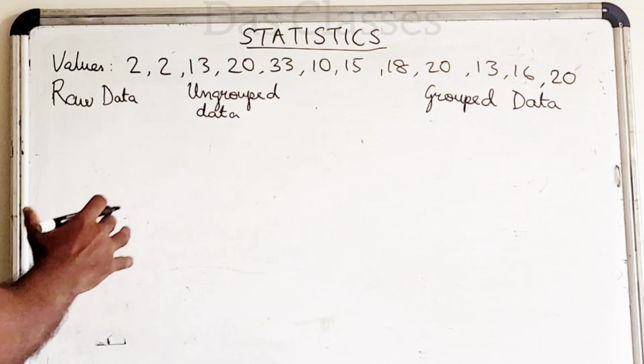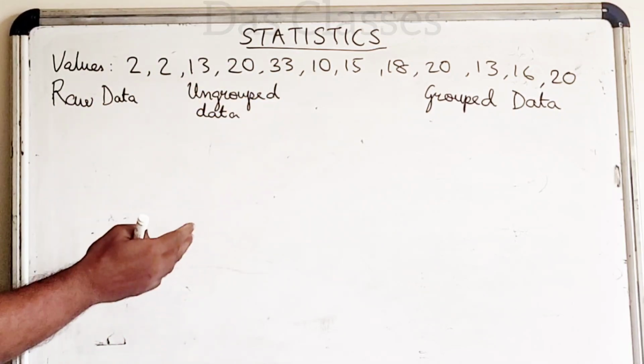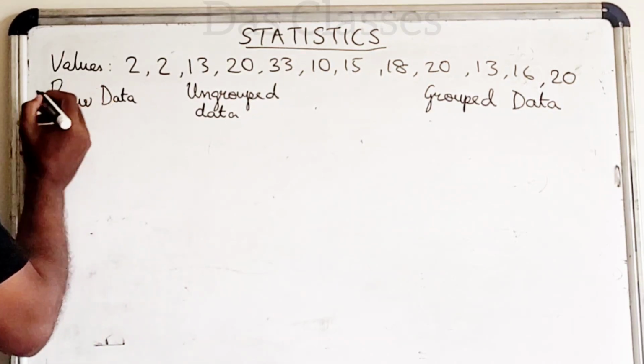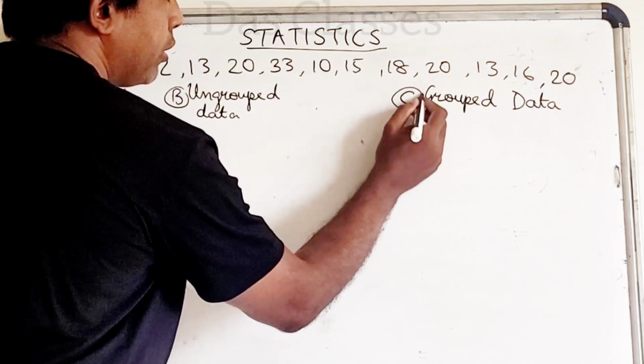In all these, we are taking this one example. We'll see how to segregate these values in the form of raw data, ungrouped data, and grouped data.